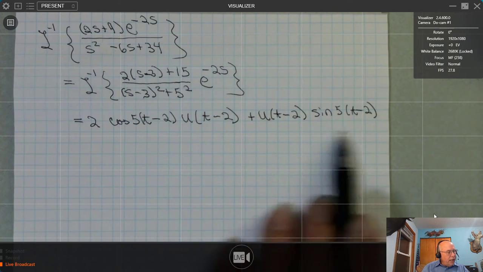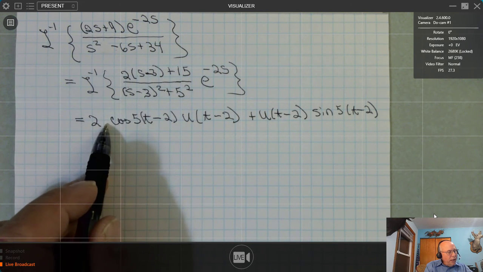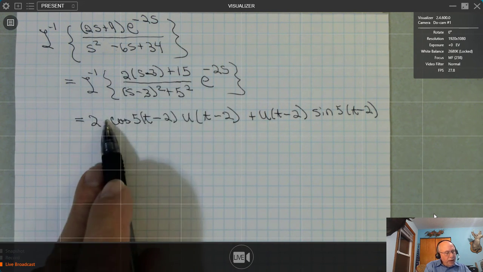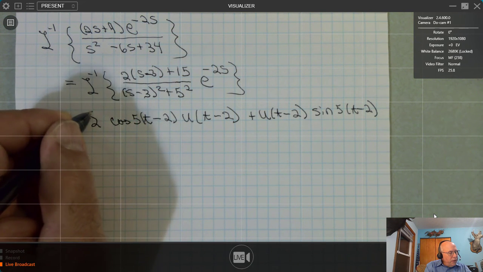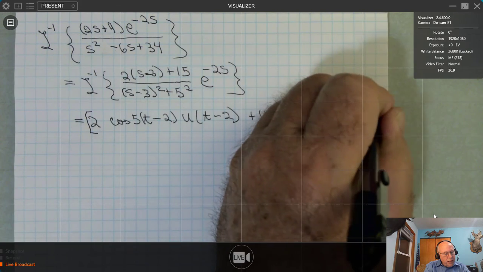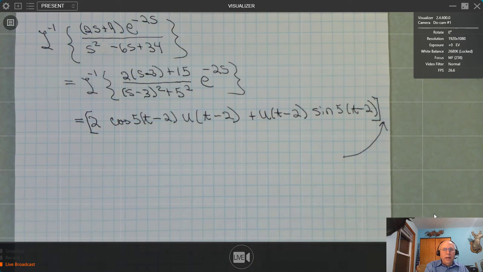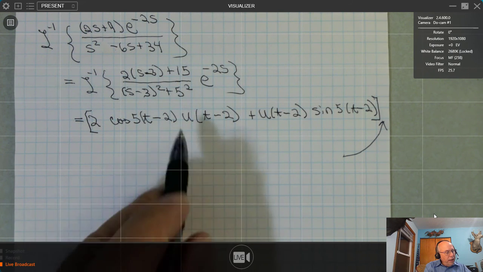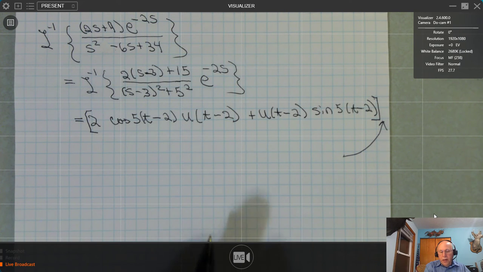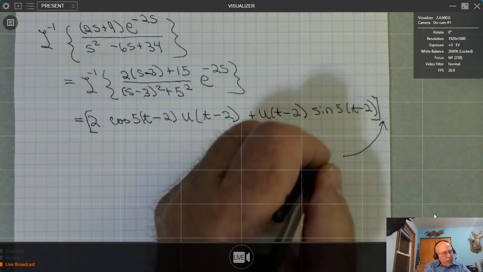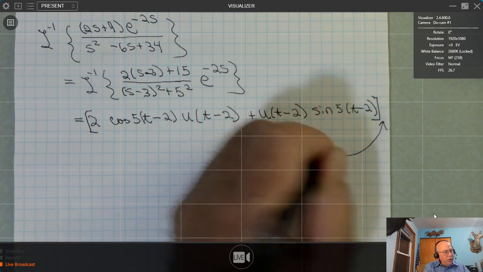And you notice that's not in here yet. So, actually, I left that gap there thinking I was going to put it here and here, but I didn't really leave enough room. So what I'm going to do is kind of squeeze here and say, right in there, I need to have another factor, and that factor is the one that comes from this s minus 3. So that needs to be e to the 3t, goes right in there.